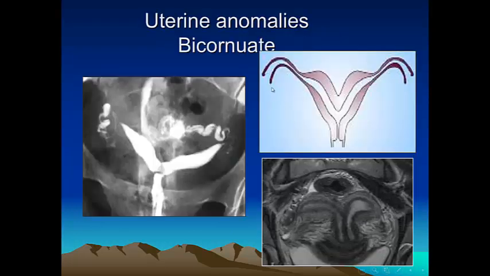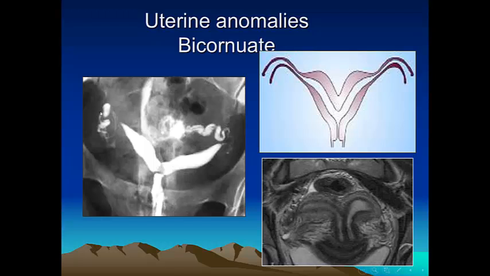The uterine abnormalities: bicornuate uterus, bicornuate bicollis. This can be didelphys because we have two separate external openings on the cervix, so this is didelphys. Frequently we use bicornuate, septate and didelphys as separate entities.